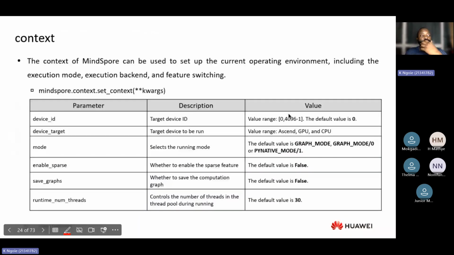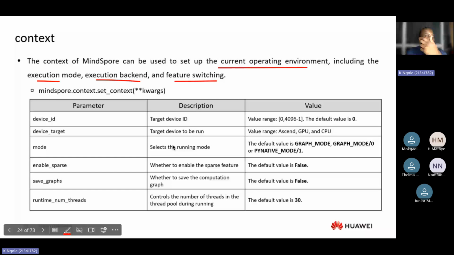Okay. So we need to understand that in MindSpore, the context can be used to set up the current operating environment, including the execution mode, execution backend, and feature switching.